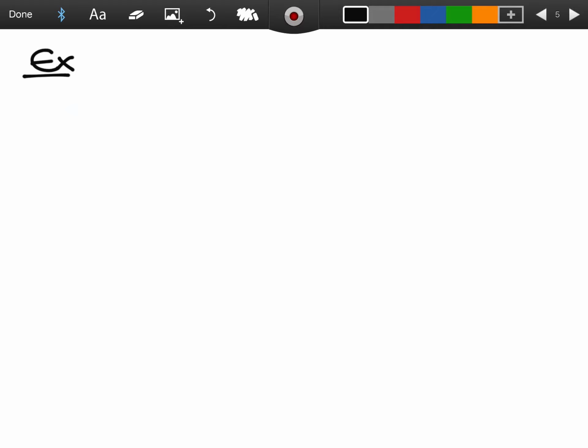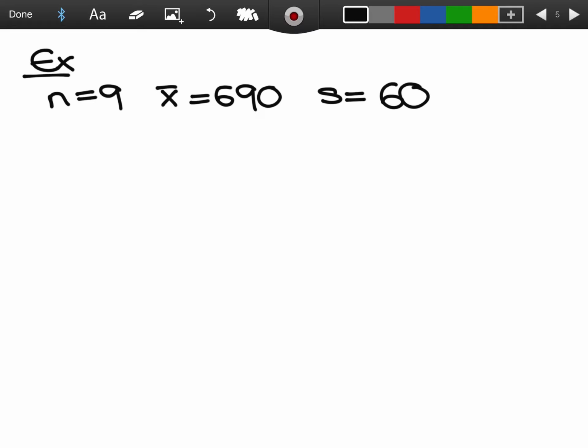Here we have a sample size of 9. So in order to know that we can use that normal distribution of the sample means, we have to know that that population is normally distributed, okay? Because our sample size is too small, okay?